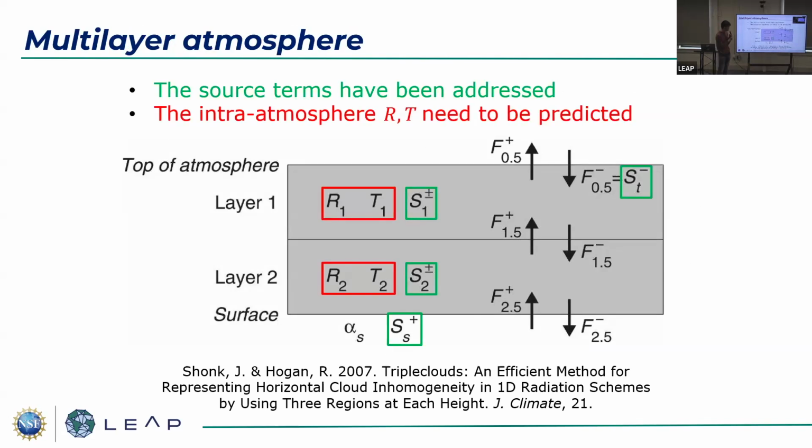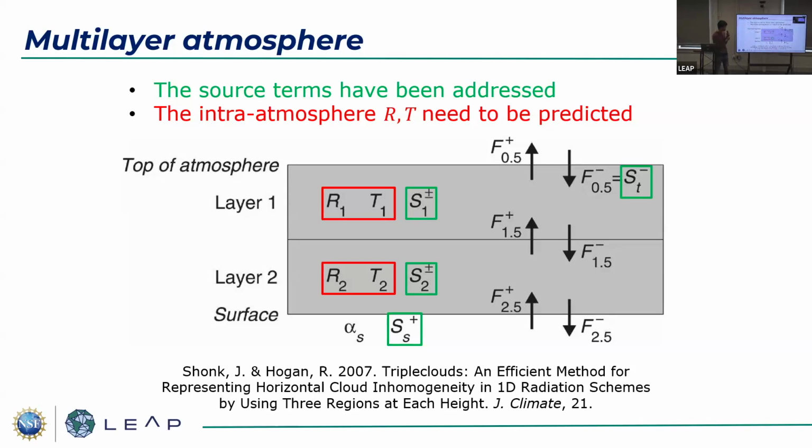Using the previous work, we have already addressed the source terms, and it is this intra-atmosphere R and T's that still need to be predicted. Our previous work doesn't address them, so we can get the S very well using everything that I showed, but these R and T are still unaddressed.